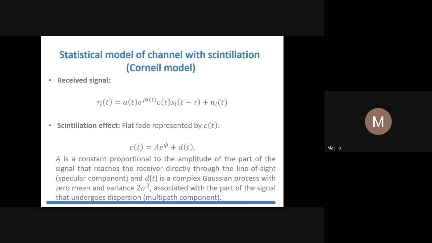This constant part may be associated with the part of the signal that came to the receiver by the line of sight. And this part can be associated with the part of the signal that has refraction and diffraction.